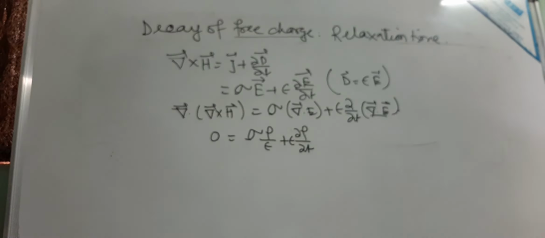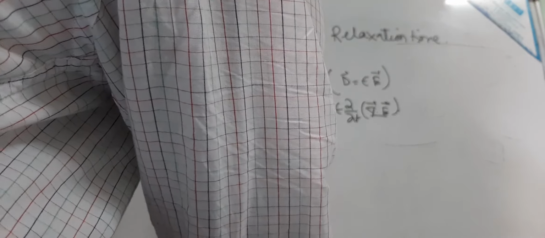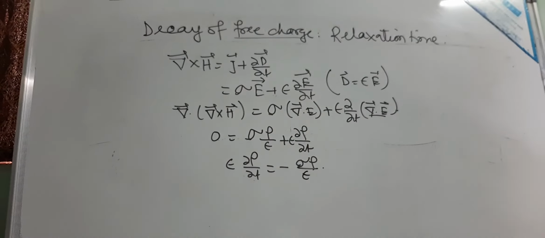Divergence of E equals rho by epsilon, so we get sigma rho by epsilon plus epsilon del rho by del T divided by epsilon, which equals 0. So del rho by del T equals minus sigma rho by epsilon.